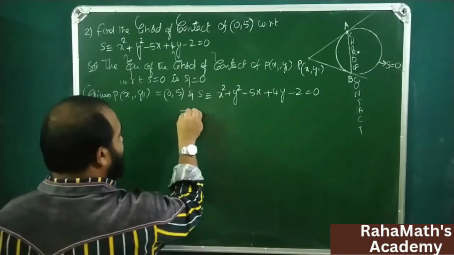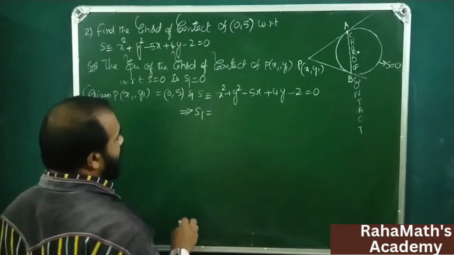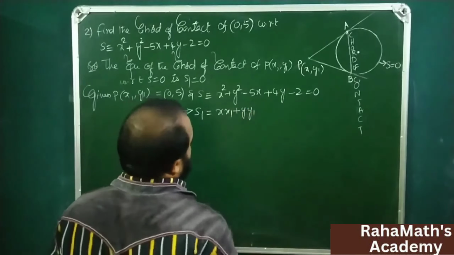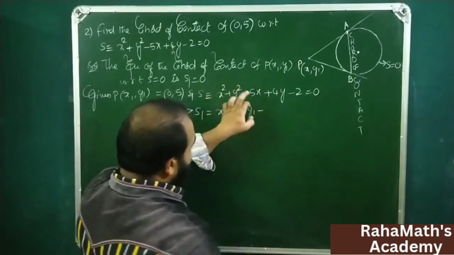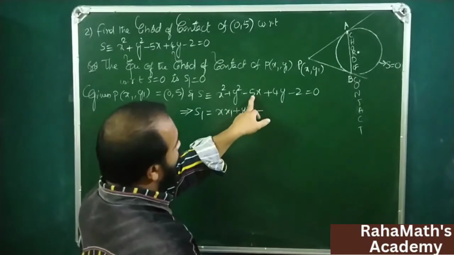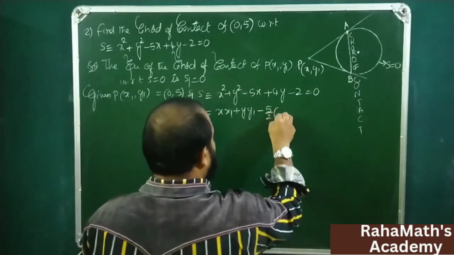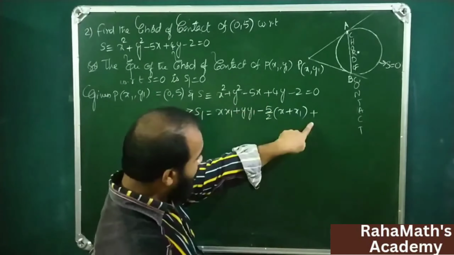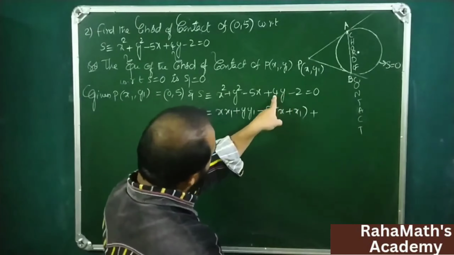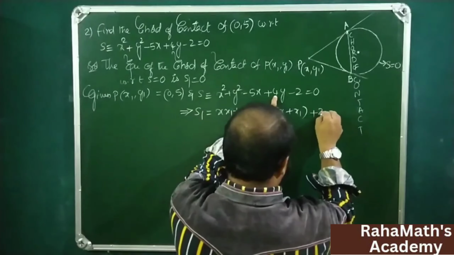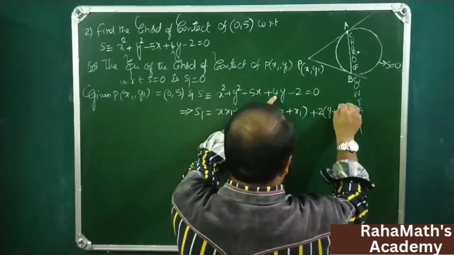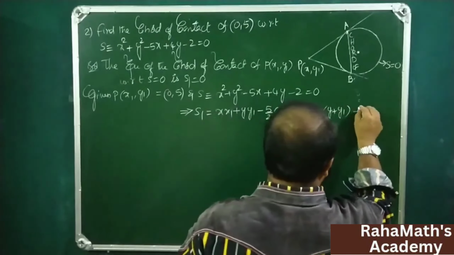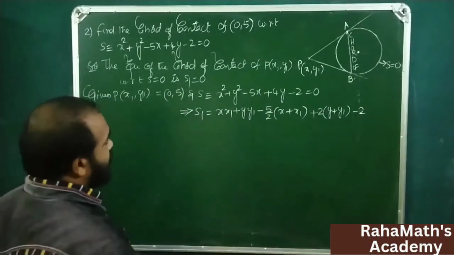So its S1 is x x1 plus y y1, the same sign with half of the x coefficient, so 5 by 2 into (x plus x1), plus same sign with half of the y coefficient, 4 divided by 2, so 2 into (y plus y1), plus minus 2 is equal to 0.